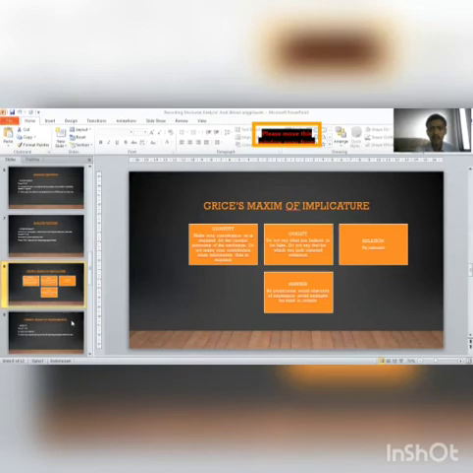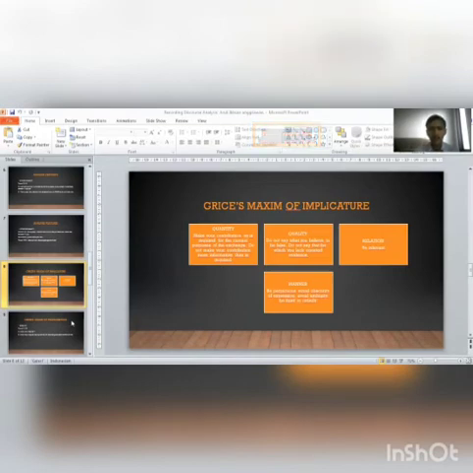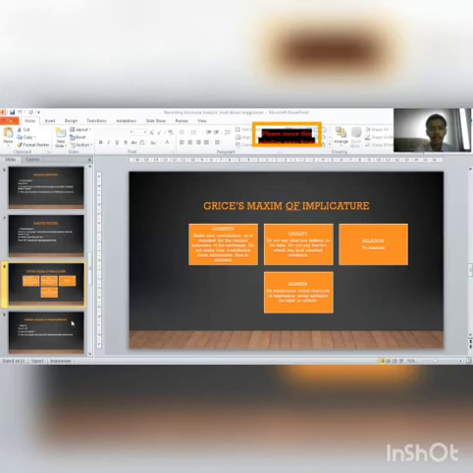And the last is about manner. Be perspicuous, avoid obscurity of expression, avoid ambiguity, be brief and orderly. Avoid ambiguity, which can be interpreted in multiple ways.